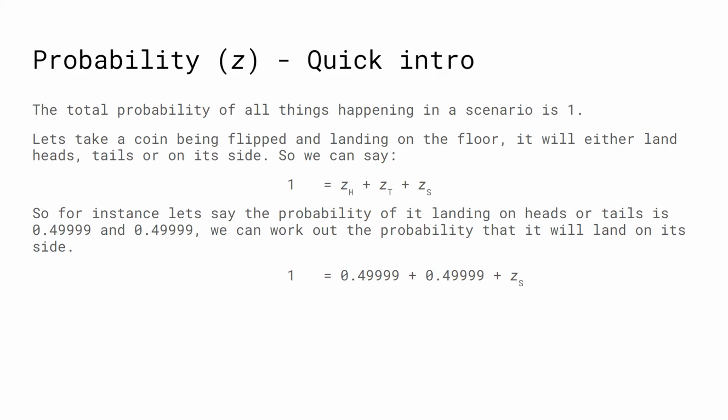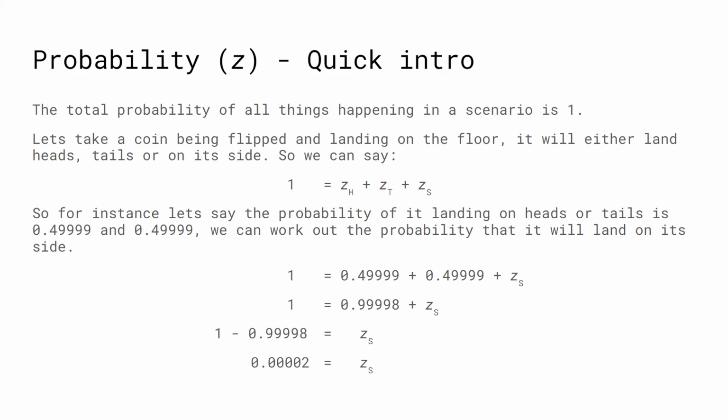If I substitute in my values for the probability of it landing on heads and the probability of it landing on tails, I can add those two values together. I can subtract it from both sides to give me the probability of it landing on its side on its own, which is that. So there we had the total possibilities were it landing on its head, its tails, or its side.